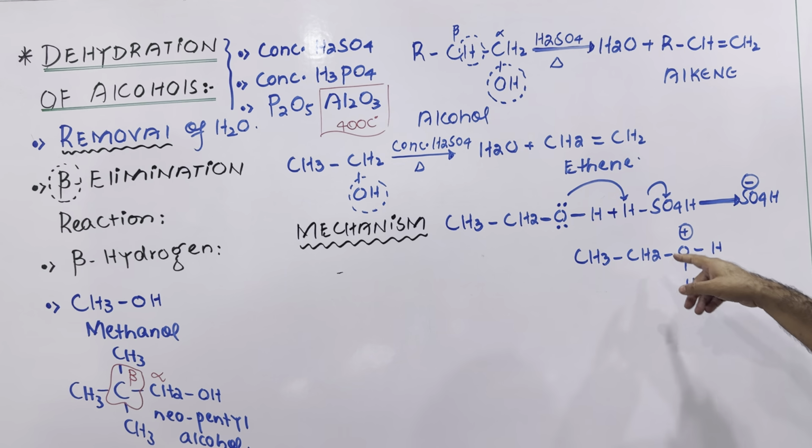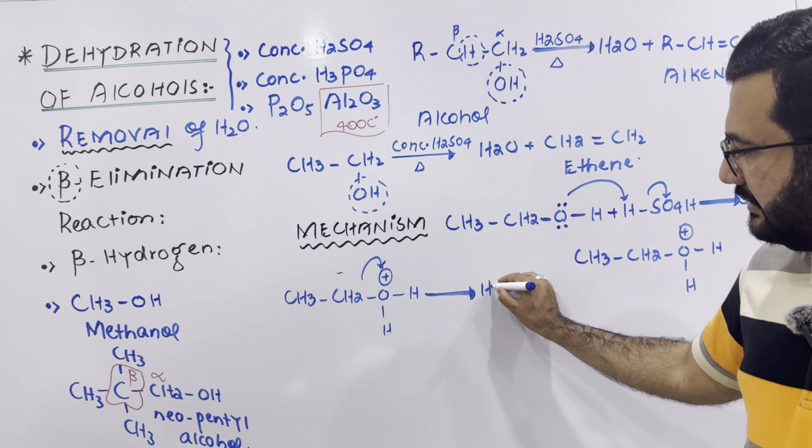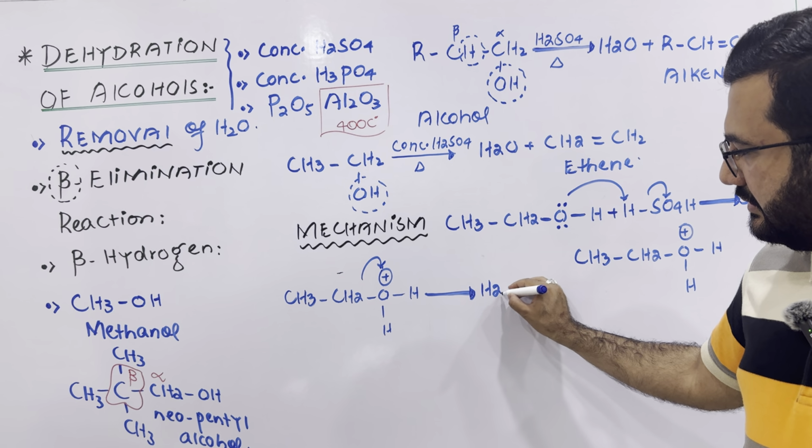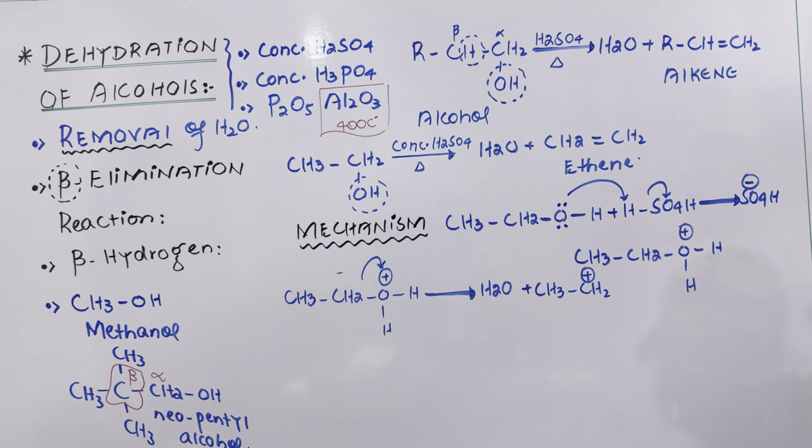Now, my dear students, in the next step, this oxonium ion will lose water, H2O, this one will be released in the form of H2O, and this carbon will get positive charge. So you will obtain a carbocation, or you can say that is the carbonium ion.